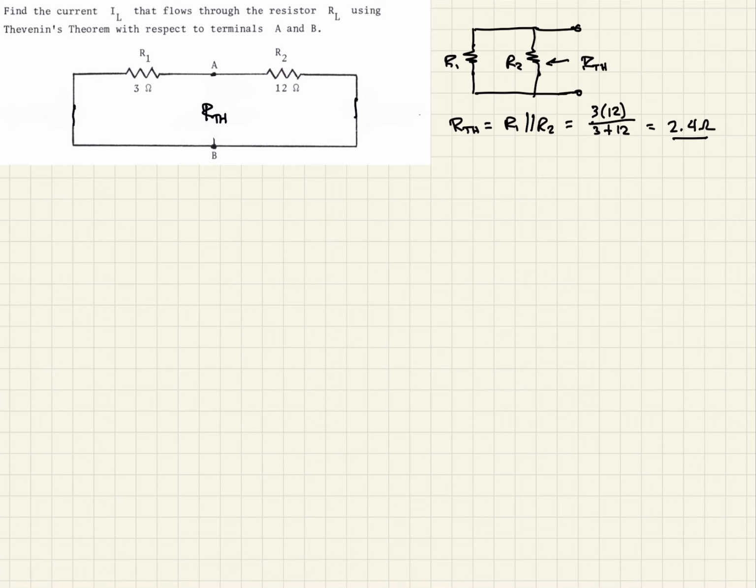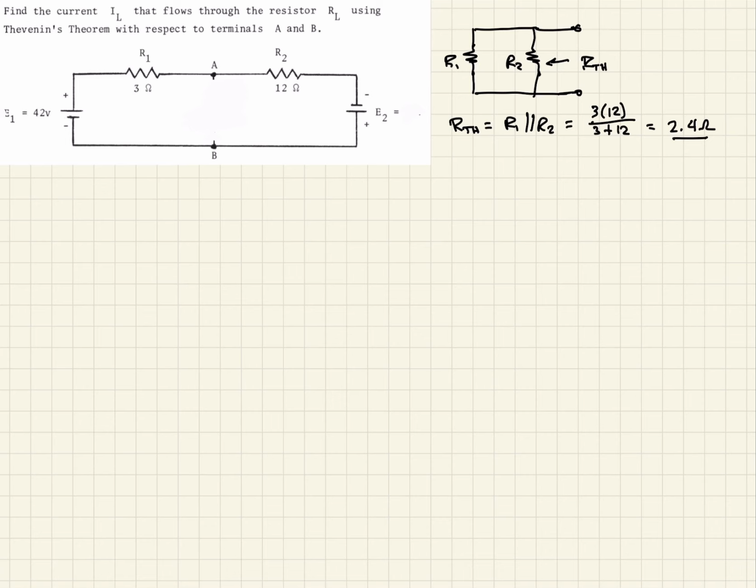So the next thing we need to try to do is figure out what the open circuit voltage would be. To do that, let's go back and reset our circuit here. So again, we're acting as if this is open right now, but there's nothing here. We'll come back and put that in place once we have the Thevenin equivalent.